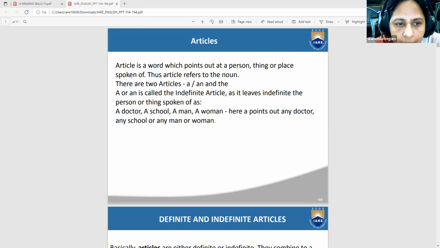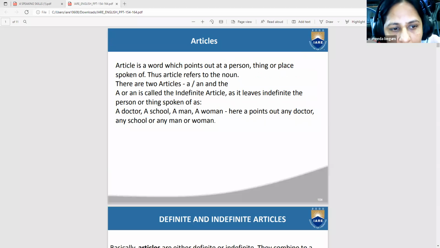The choice between a and an is determined by the sound: an is used before a word beginning with a vowel sound. Like an egg, an orange, an honest man, because H is silent over here. An hour, H is silent again.